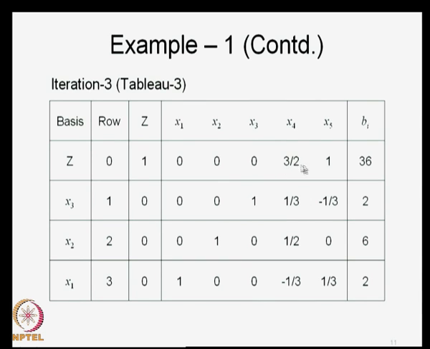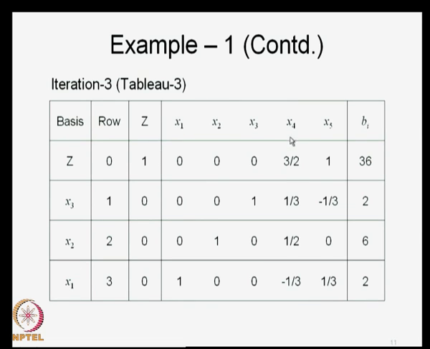Look at the coefficients of x4 and x5. This is positive 3 by 2 and this is positive 1. And therefore, they cannot be brought into the basis to improve the value of z. I repeat, if you bring in either x4 or x5, the z value will only decrease, and therefore these cannot be brought back into the basis.